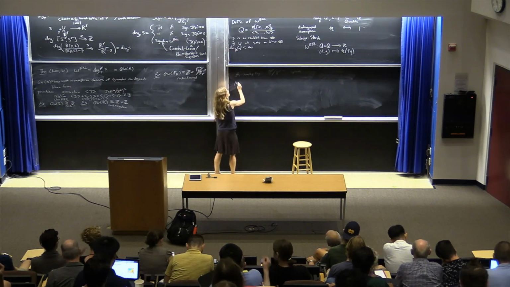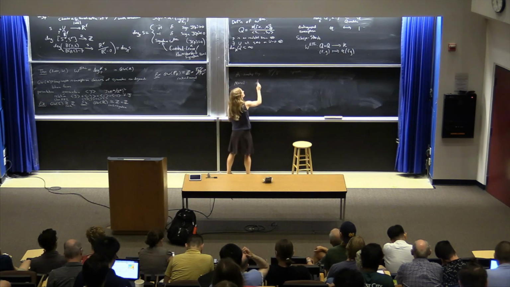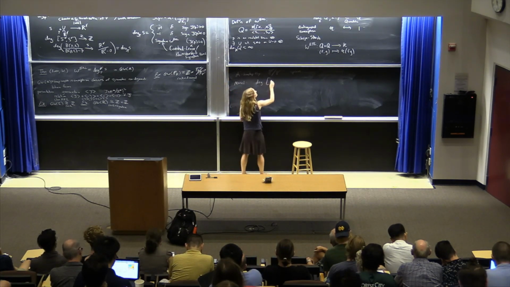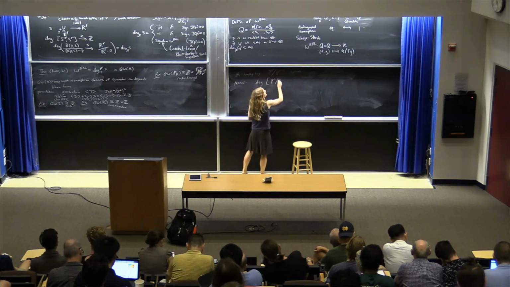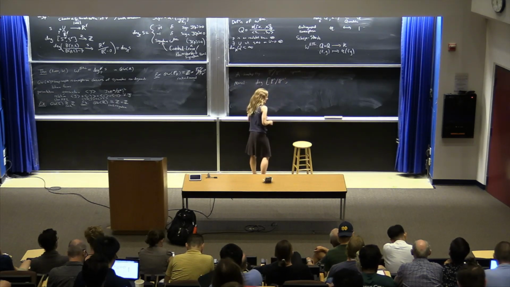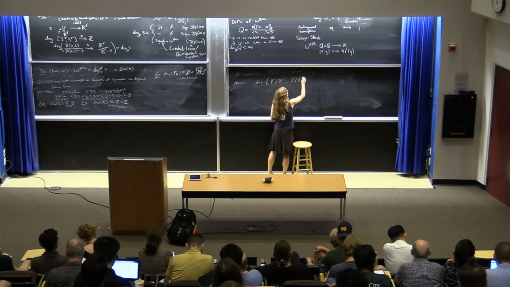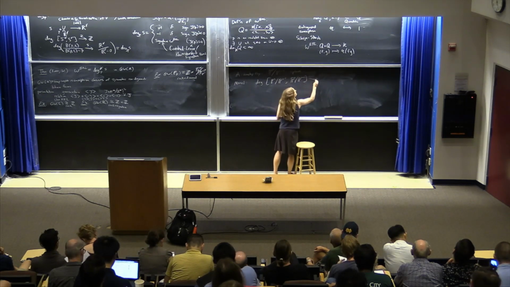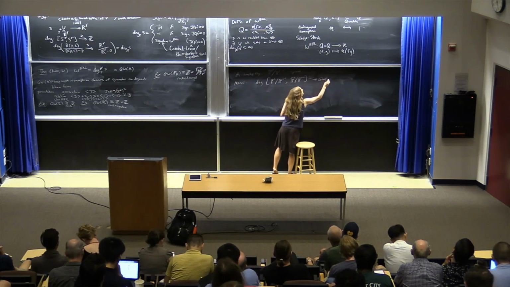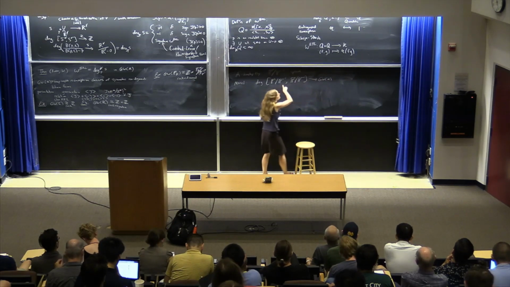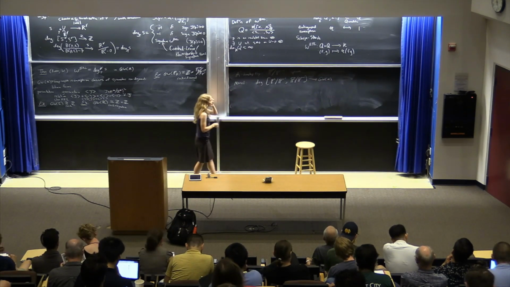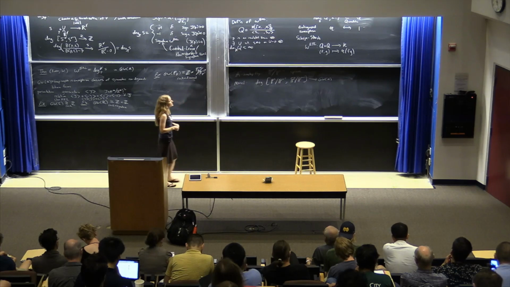And Morel has a degree function from homotopy classes of maps from this sphere to itself to the Grothendieck-Witt group, which is an isomorphism when n is greater than or equal to 2.